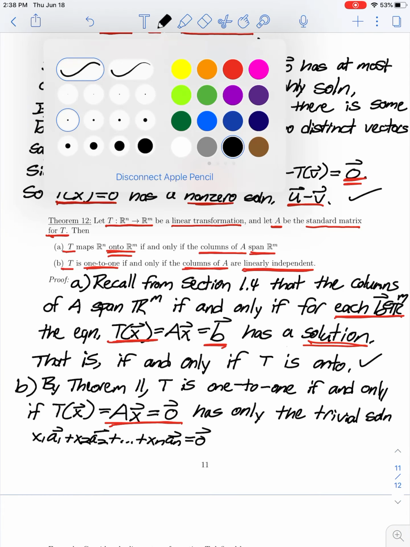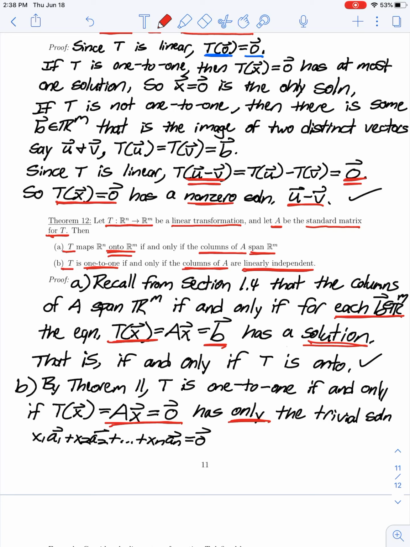And if that matrix equation has only the trivial solution, that means the only way that this linear combination is equal to 0 is if each of these weights is 0. And that was the exact definition of linear independence.